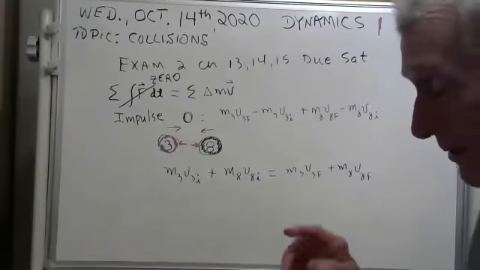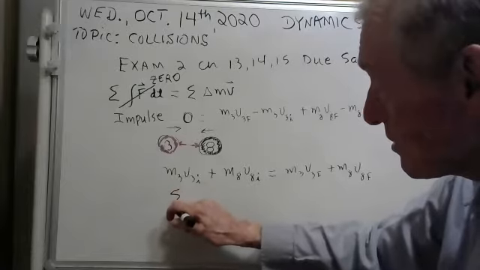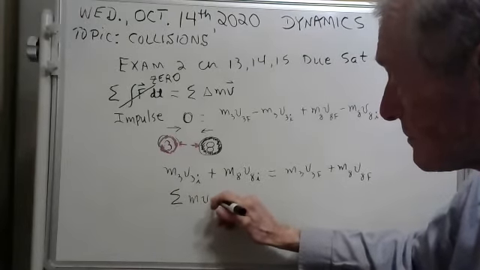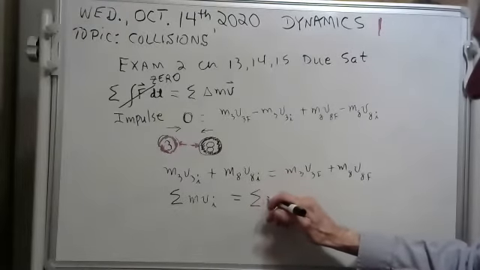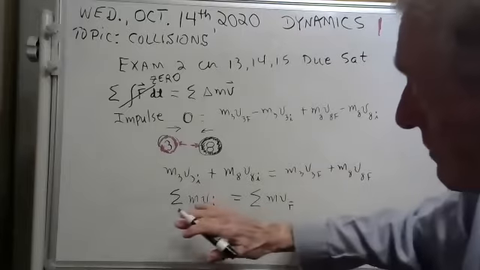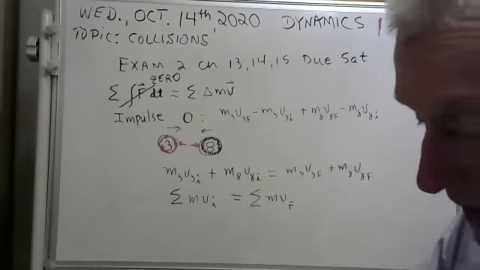Okay, now this here, you could write this as the sum of the initial momenta, and you could write all of this as the sum of the final momenta. And this equation here has a name.